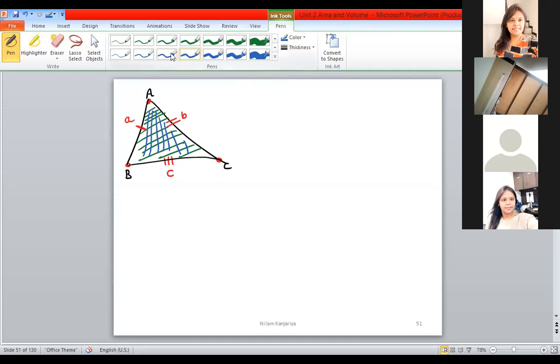So for the formula, first of all, you can find the half perimeter, which is denoted by S. S is equal to half the perimeter: A plus B plus C, the sum of the sides, divided by 2. It's called the half perimeter. So remember, S is denoted by half perimeter.